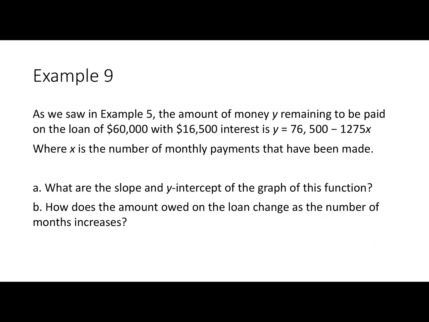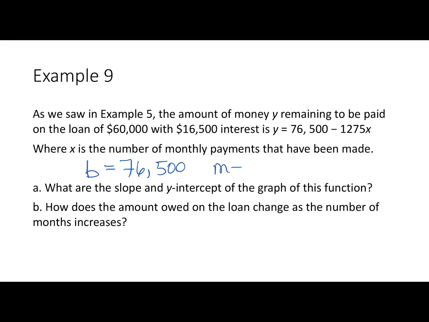All right, looking at this example that we did earlier, it wants us to look at this and identify the slope and y-intercept from that example. All right, identify the constant. The constant is the one that's not attached to a variable. It's the one that rides alone. So your y-intercept is 76,500.